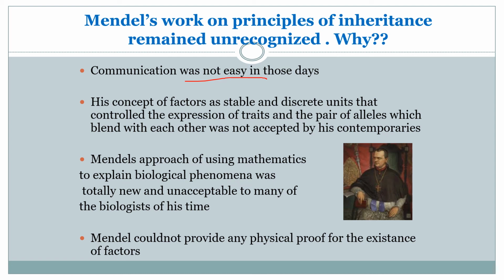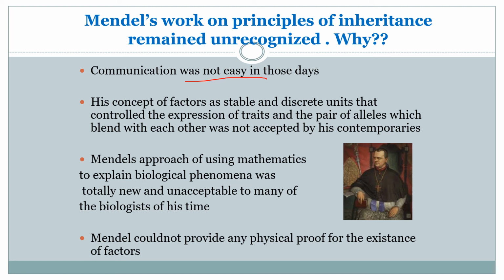This all depends upon the factors, he told, and the pair of alleles codes for a character. So these all things and blending experiments were not accepted by his contemporaries. So this was the main problem with Mendel.